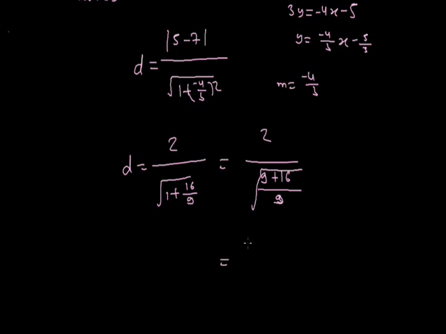Now after solving this, 2 into 3 upon under root 25, which is equal to 6 upon 5. So we can say 6 upon 5 is the distance between the two parallel lines.